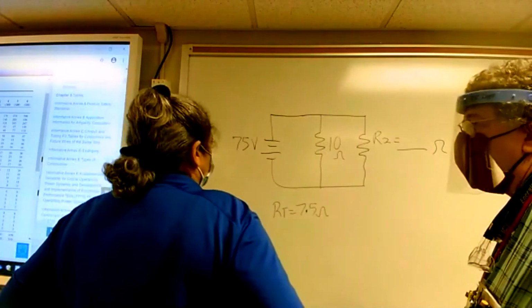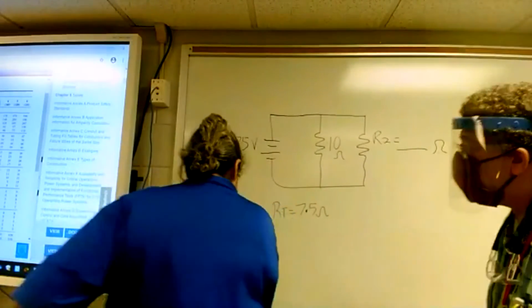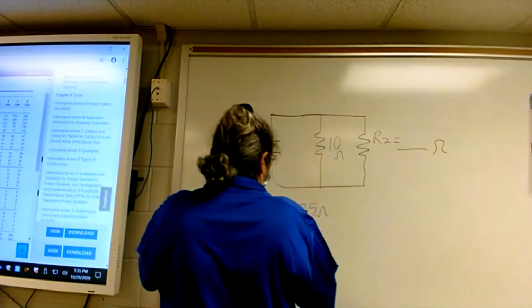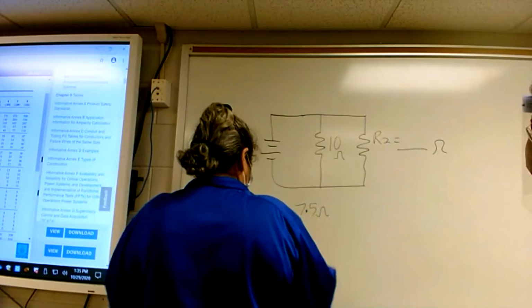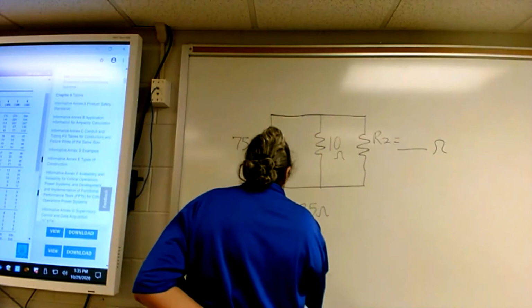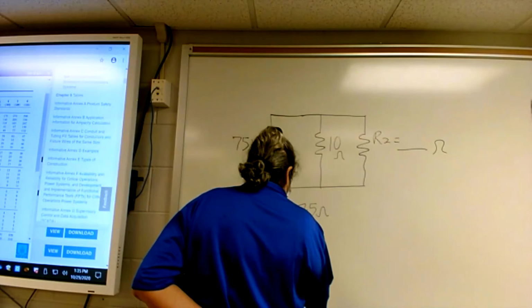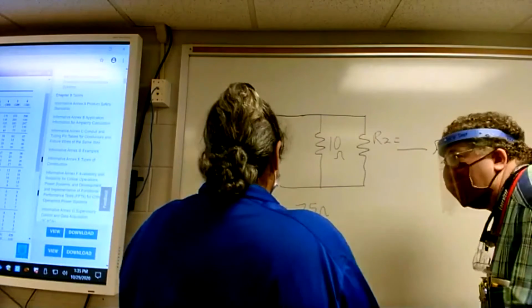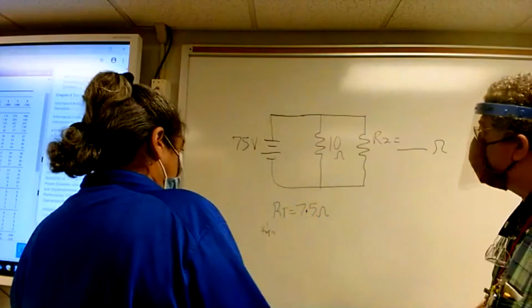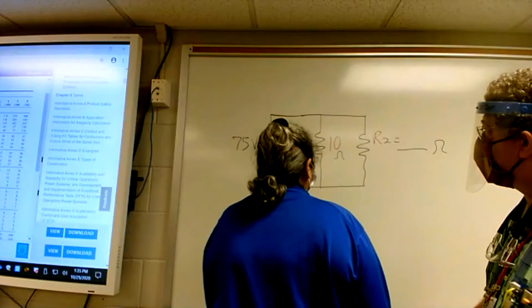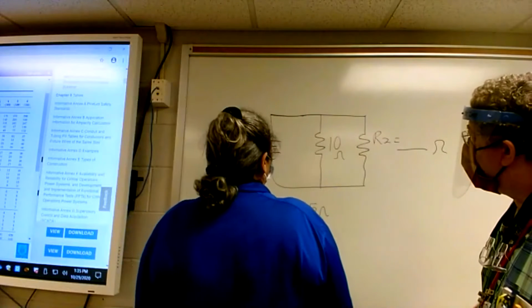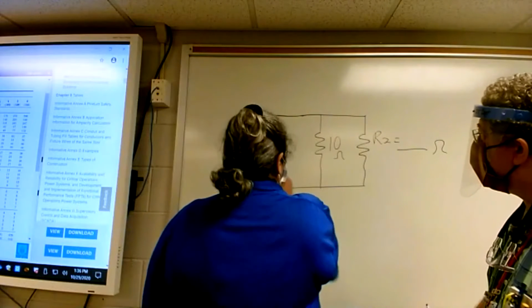Okay, so I was thinking typical formula. You don't even have to go that far with it. You're actually making it harder than it needs to be. Let's think simpler than that.